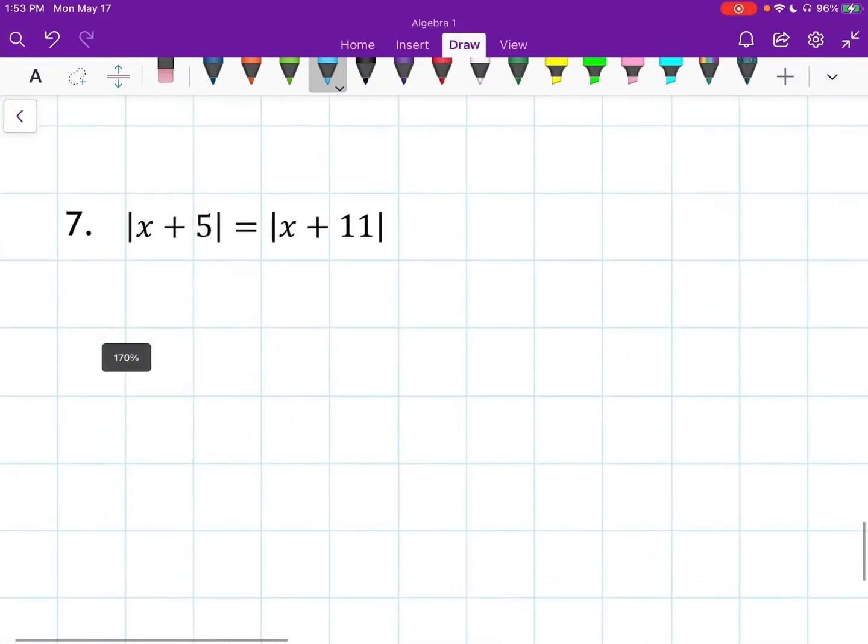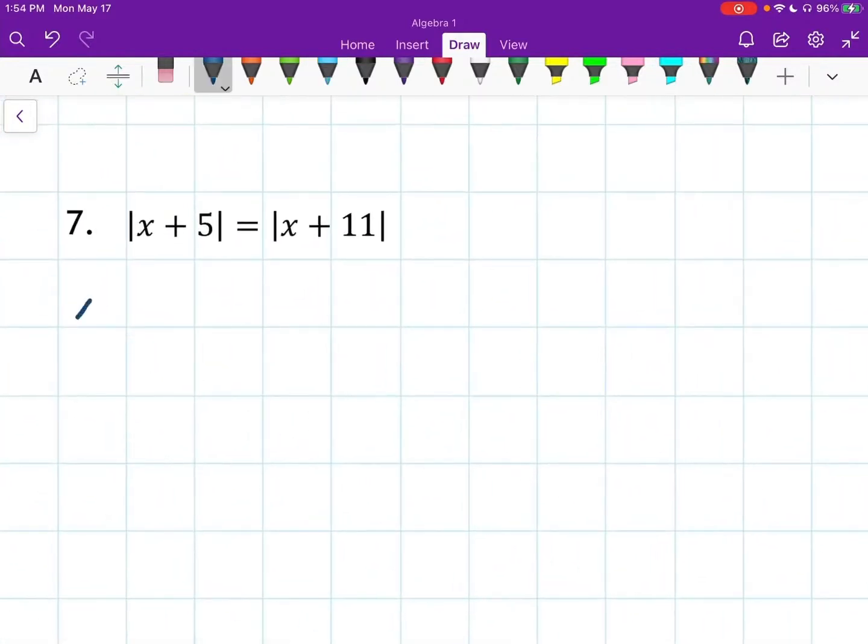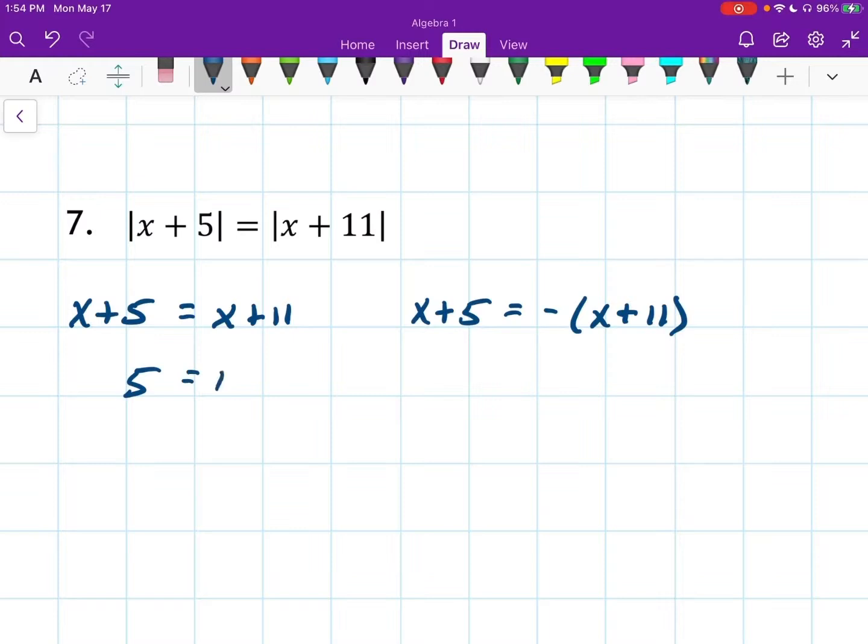Number 7, we'll have x plus 5 equals x plus 11, and then x plus 5 equals negative x plus 11. So on the left here, our x's cancel, and we're left with 5 equals 11. So that's no solution.